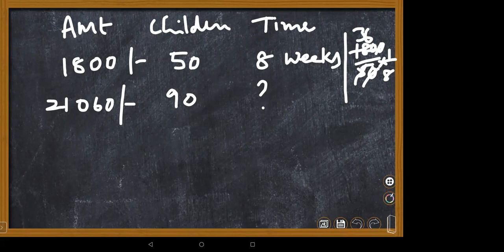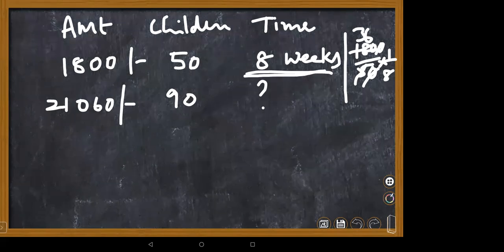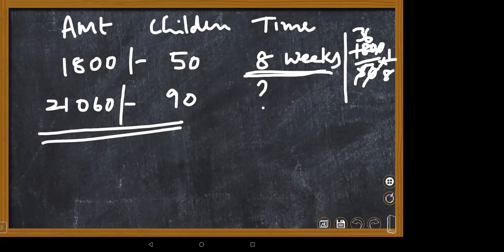For 8 weeks, it will be 36 by 8. But the time period you are supposed to find out, right? A very simple task. Y is equal to constant, you are getting as 36, right?